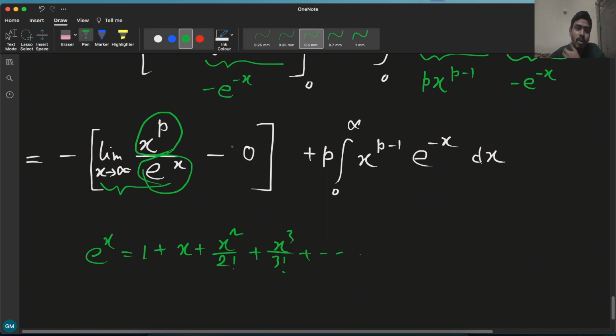There will be powers higher than p for some particular value of p. There will be an infinite number of terms where x is a power greater than p. So this denominator will go towards infinity much faster than this x to the power p.